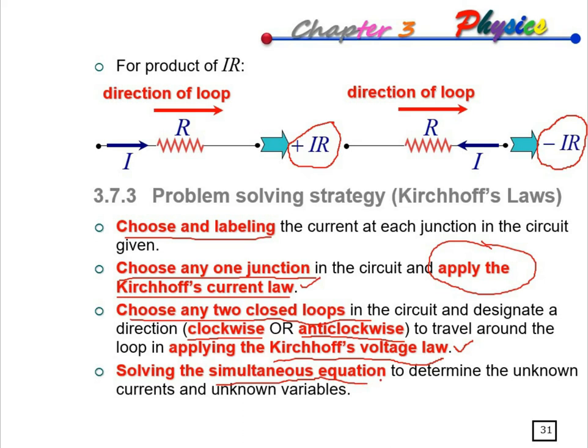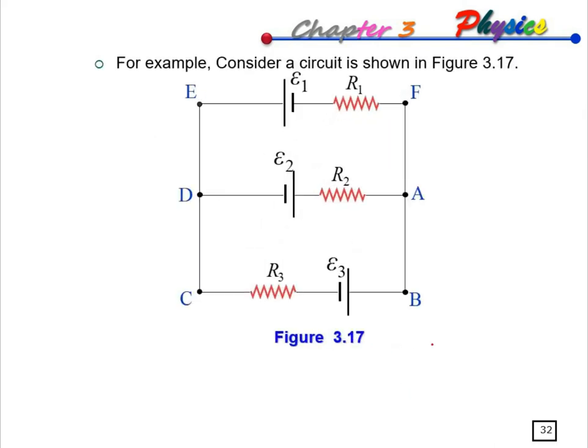So now we have the five steps in order to solve any circuit by using the Kirchhoff law, either the current law or the voltage law. For example, consider the circuit in figure 3.17 at the bottom here.